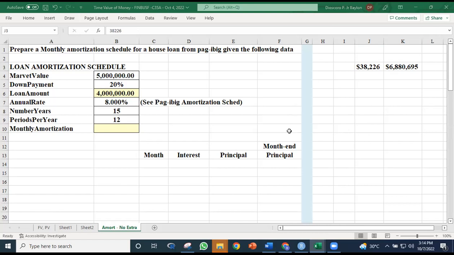Did you not even attempt to answer, class? Kasi anim lang yung sumagot, out of 30. So it can only mean a few things. Number one, you're not using Excel now to do your work. Or you're somewhere else, or maybe you're just using your phone.